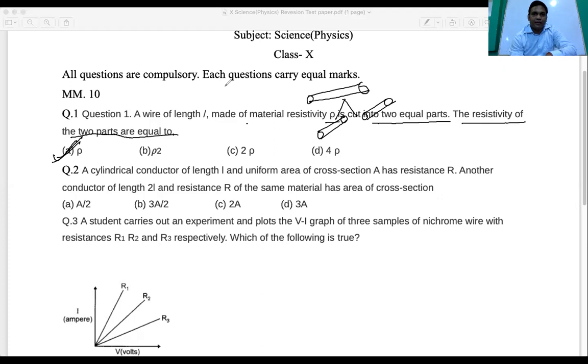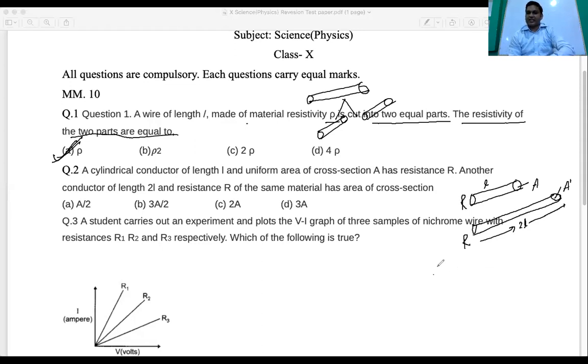These are the two conductors. This is of length L and area of cross section A. Another conductor of the same material is of length 2L. Now they are asking what will be the area of cross section, given that the resistance is the same.